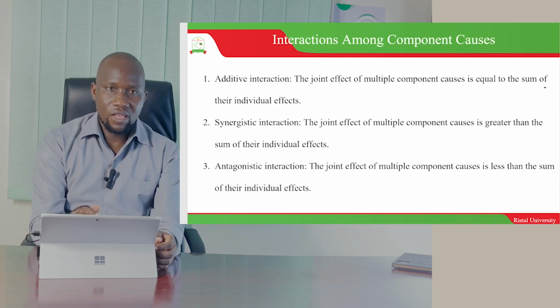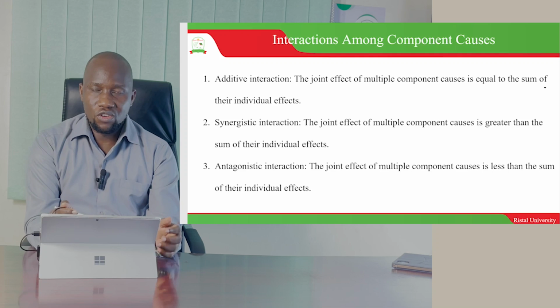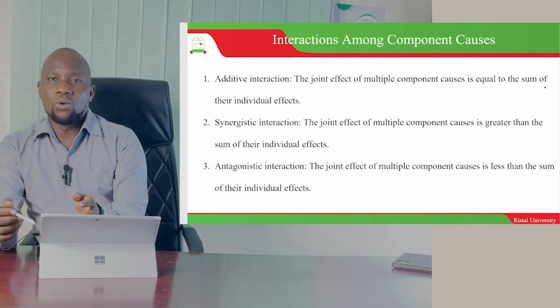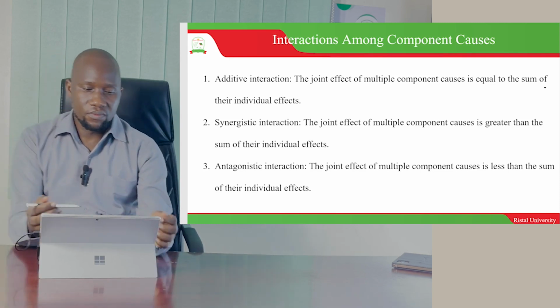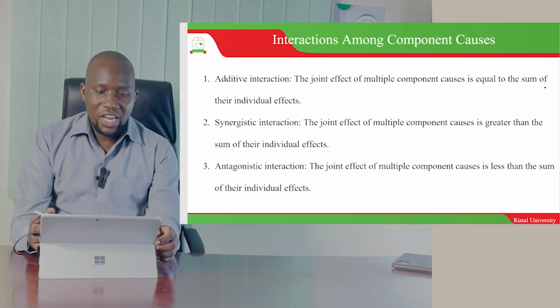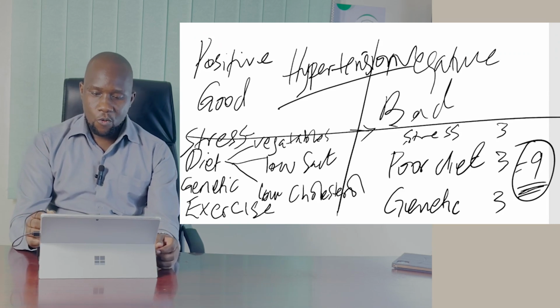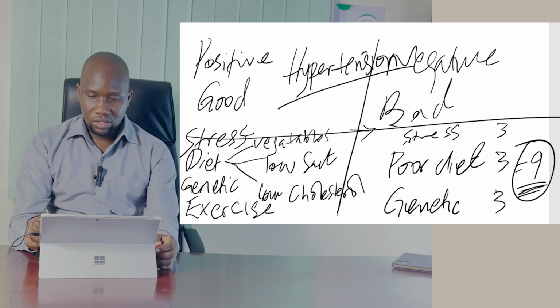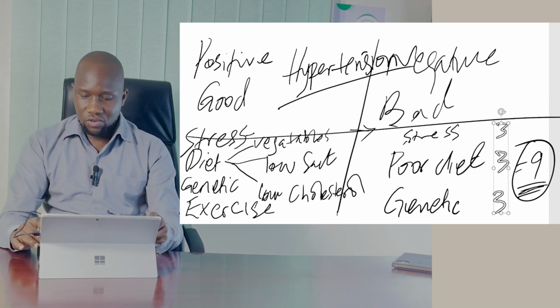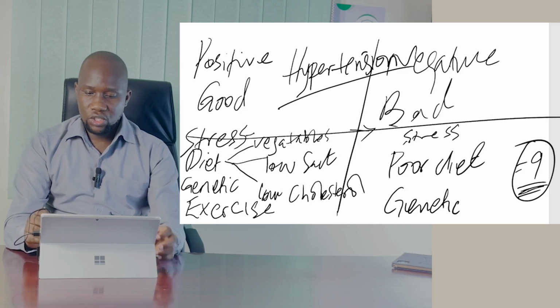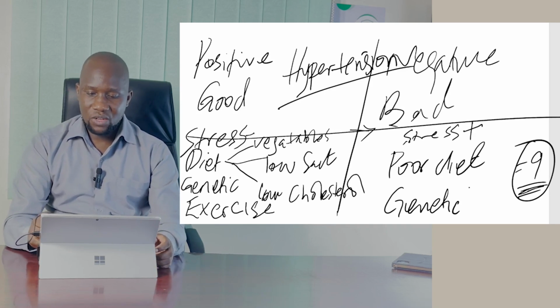The impact of the individual component causes is equal to the total sum of all. But you can have a situation where genetic predisposition is combined with stress.